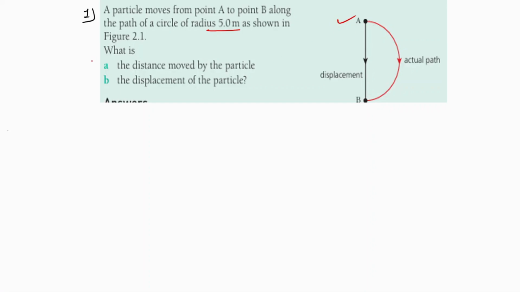Now we have to find the distance moved by the particle, and in part B we have to find the displacement of this particle. We know that distance is for the actual path it covered, and displacement only cares about the initial point and final point. So try by yourself.